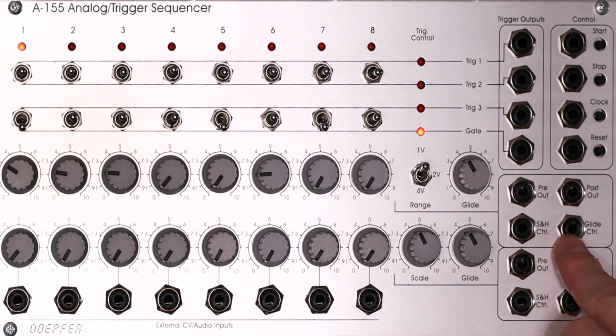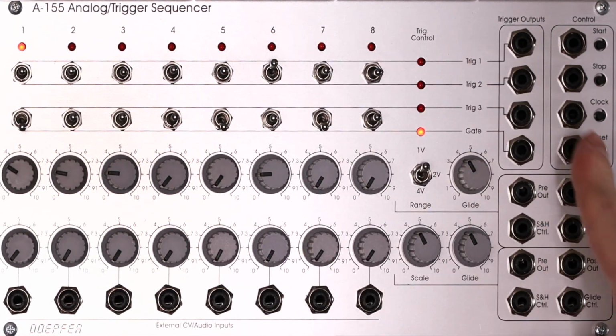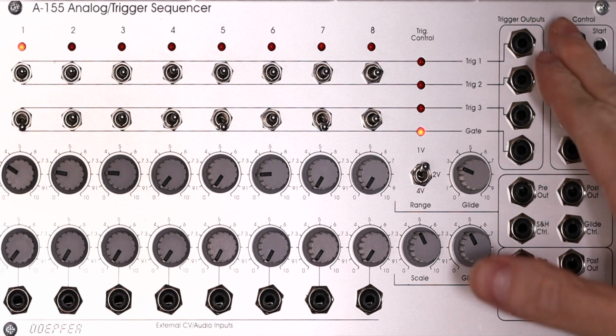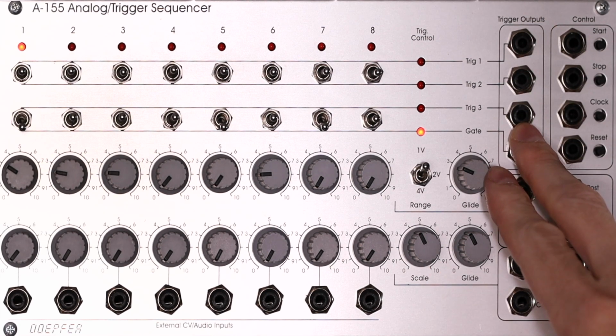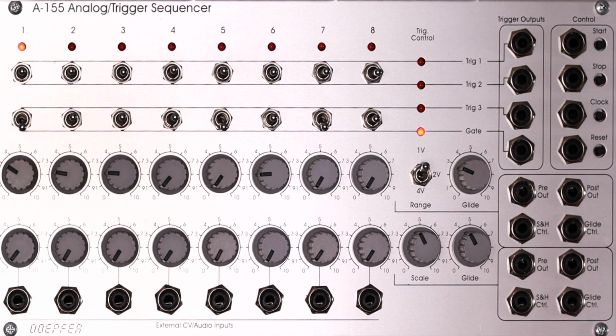Same for the glide control. If you want a glide, you can give it a trigger, then the glide control will act or not act. So you can control when there is a glide and when there is no glide. You can use these trigger outputs in multiple ways, not only to trigger drum sounds or trigger ADSRs or AD envelopes.